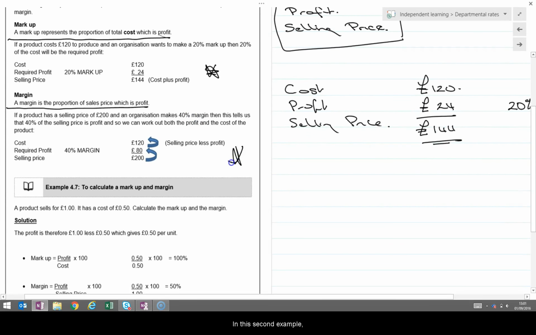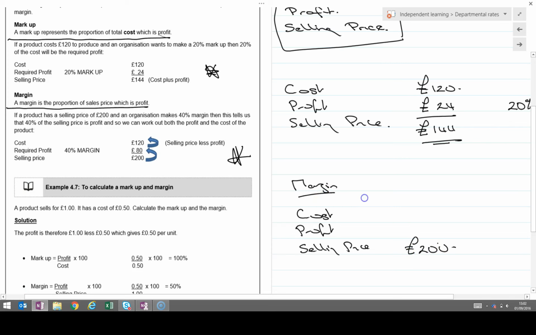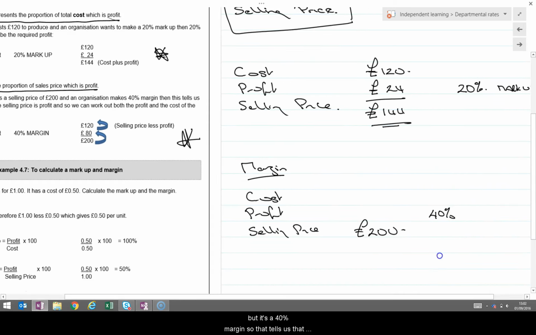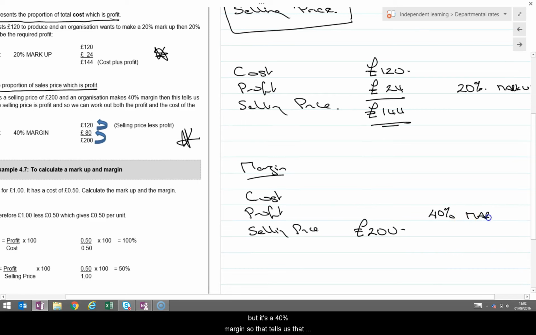In this second example, margin, so use the same layout, cost, profit, selling price. What do we know? The product has a selling price of £200. The organisation makes a 40% profit, but it's a 40% margin. So that tells us that 40% of our selling price is profit.